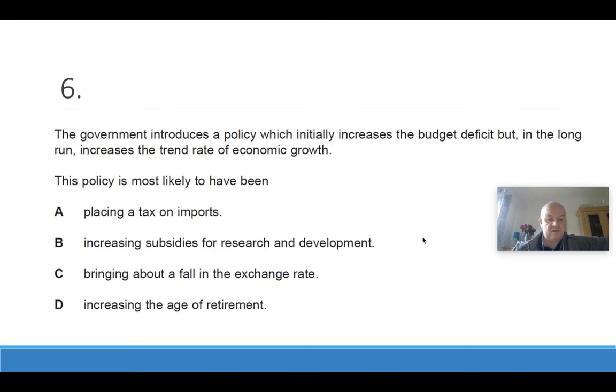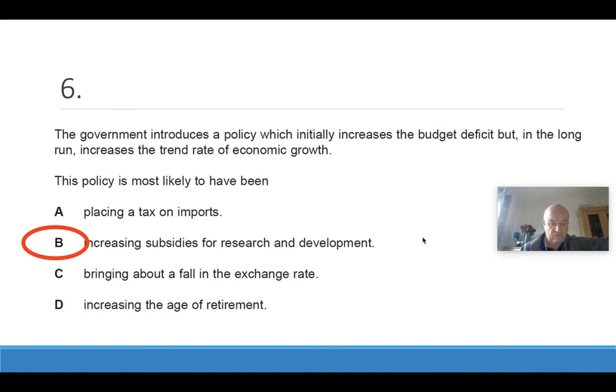Sixth question then, the government introduces a policy that initially increases the budget deficit, but in the long run increases the trend of economic growth. So this policy is likely to have been designed to increase subsidies for research and development.